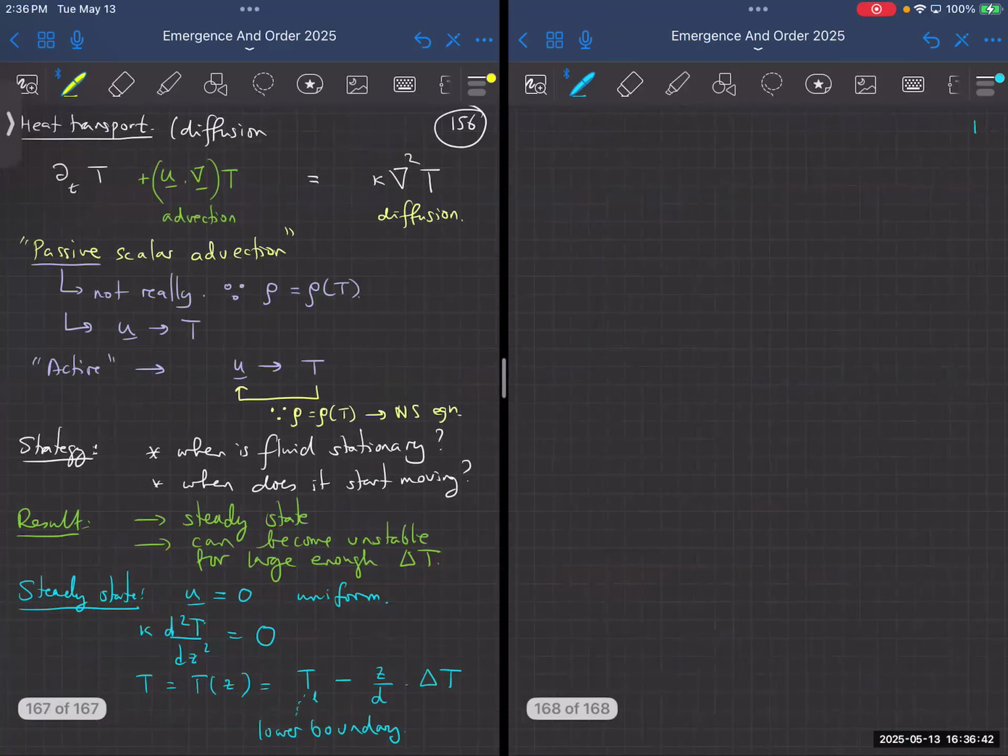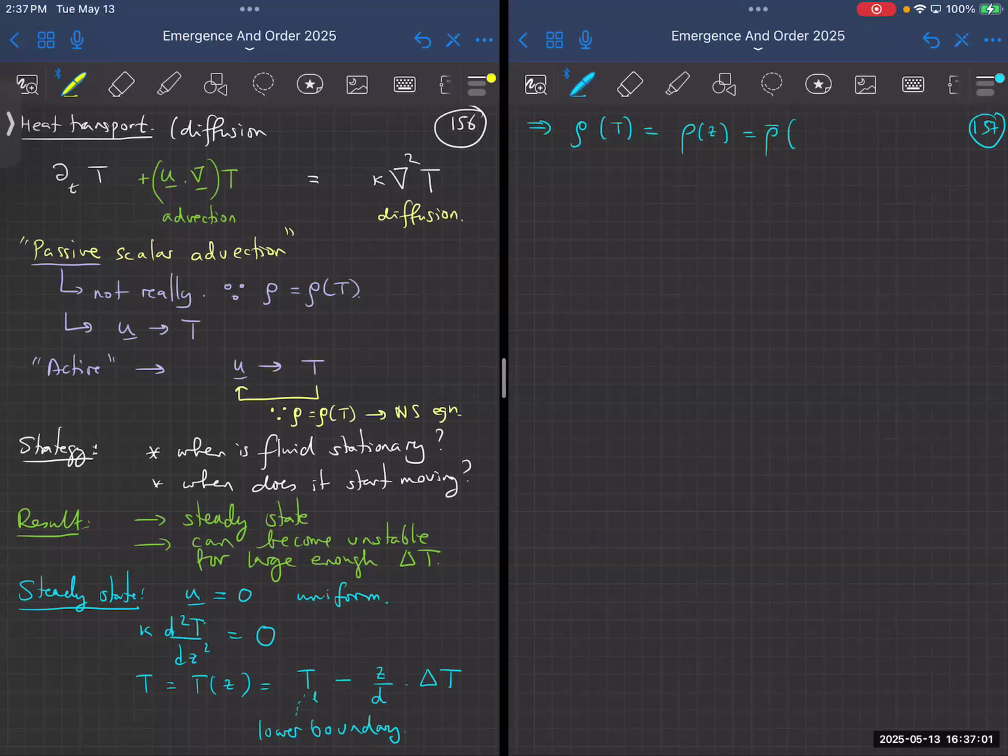So now that I know that the temperature goes linearly, what that means is that I compute the density. The density is a function of temperature, but temperature is a function of z. So that is rho of z. And that I could write as some rho bar times 1 minus alpha times T naught of z minus T bar, like so.